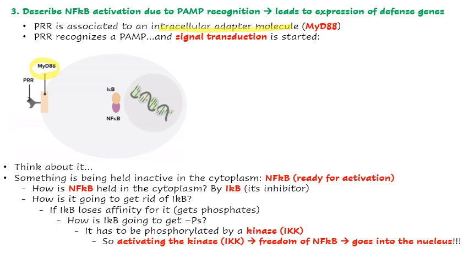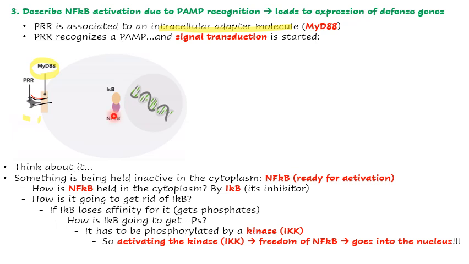Okay, so what it's going to do is that once it detects activation of the PRR, because remember that activation here, you're going to have your dimer forming, right? So once you have activation of the PRR, it's going to send a signal to that adapter protein, and that adapter protein is going to start the cascade. Okay, it's going to trigger this intracellular signaling cascade. All right.